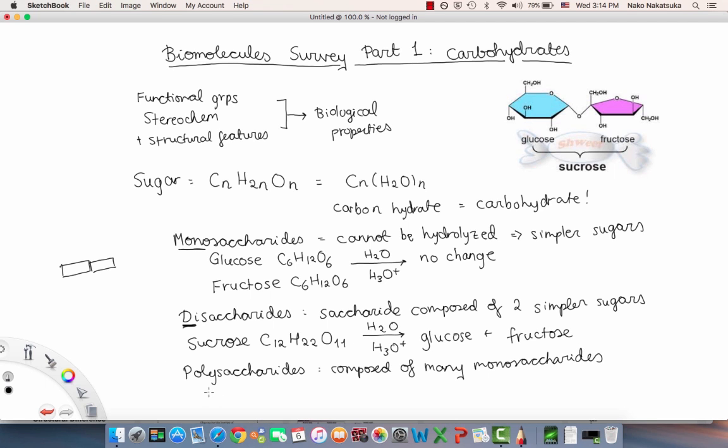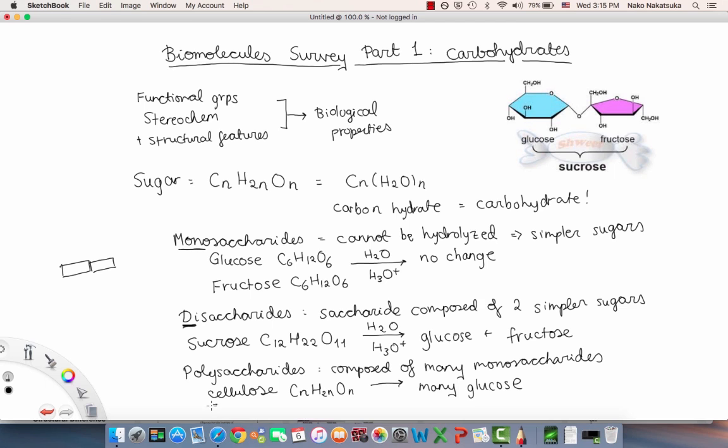Examples of polysaccharides that are very important are cellulose, which you can find in plant cell walls, and cellulose has the formula CnH2nOn. The reason why it's just in this simpler form is because cellulose has a lot of repeating components, and so this n value depends on what kind of cellulose you're looking at. And this is basically broken up into many glucose.